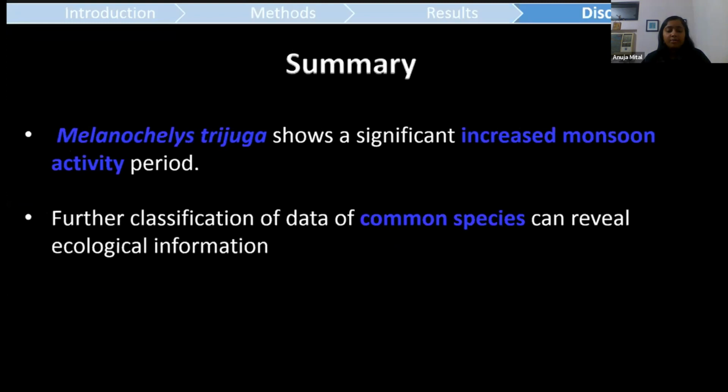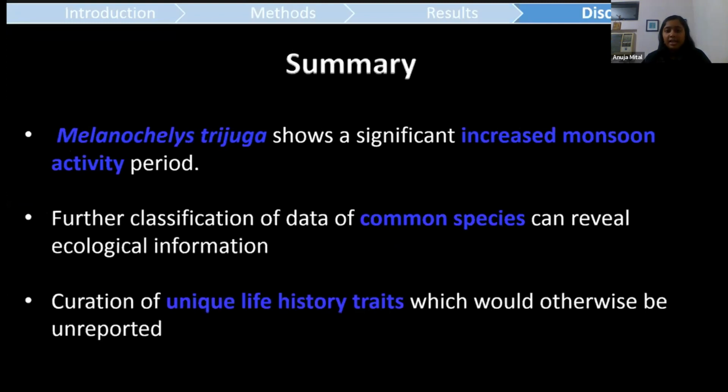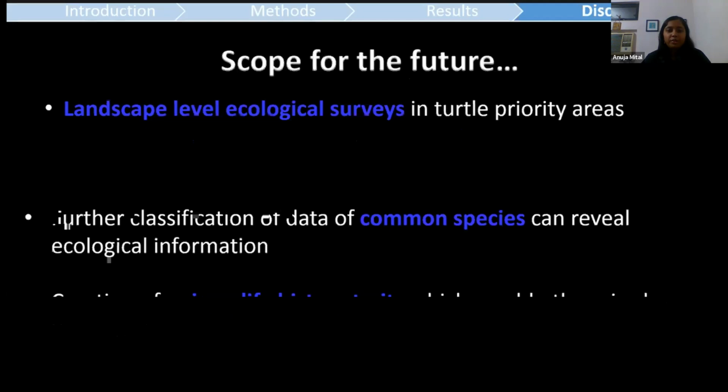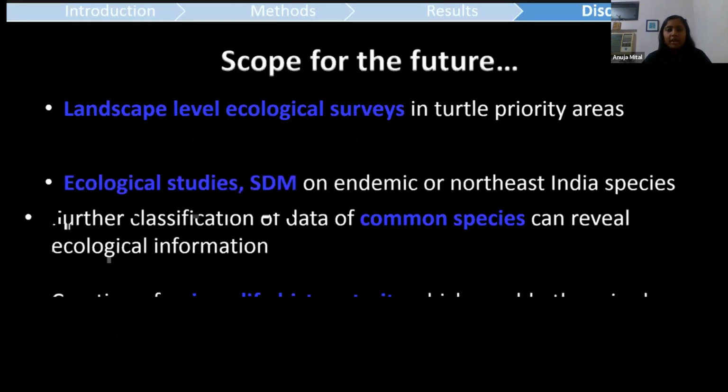We also aim to curate all these life history traits and help our users publish this information, and we work together to make more important discoveries. So, scope for the future: long-term plans include monitoring the turtle priority areas at landscape levels with ecological surveys, of course, in regional sites, and with a special focus on endemic and Northeast India species that have been really neglected for decades.